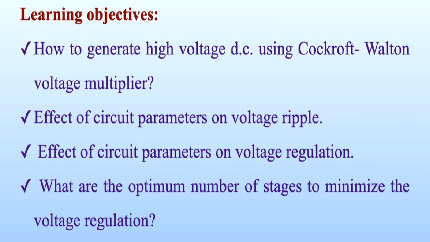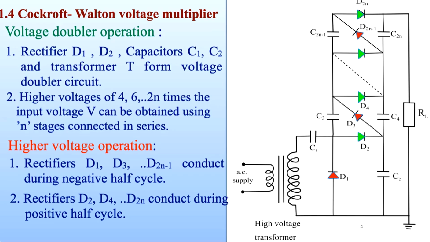Similarly, we are going to derive the voltage regulation of this Cockcroft-Walton multiplier circuit. And next, we are going to see the optimum number of stages used to minimize this voltage regulation. This is the circuit diagram of the Cockcroft-Walton voltage multiplier.